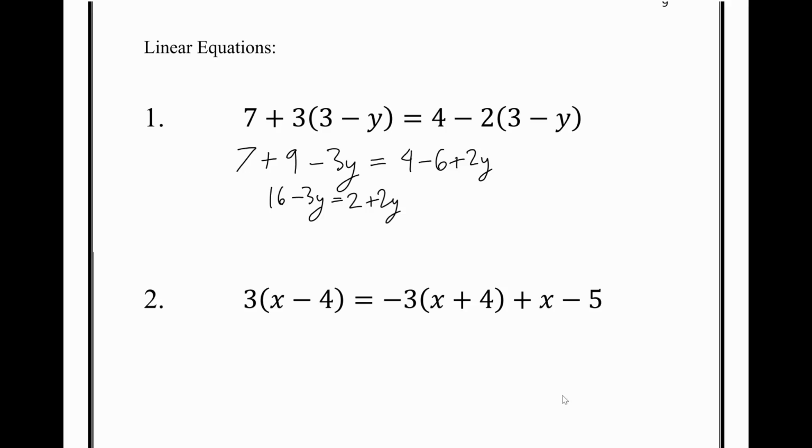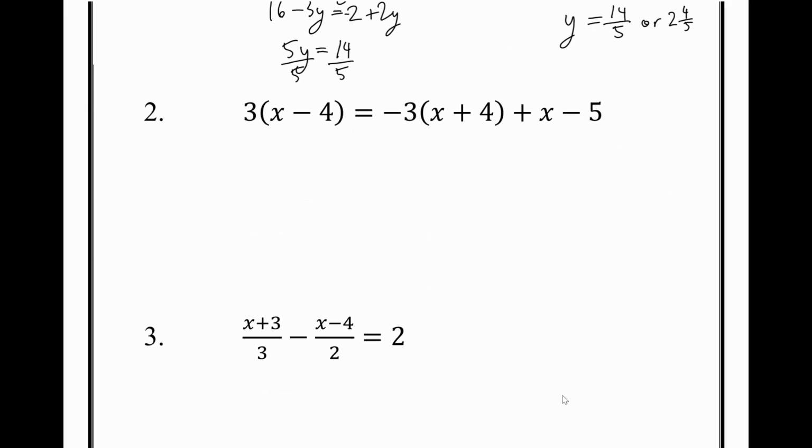Let's move everything to one side so that we get 5y, and then the constants to the other side is equal to plus 14. Divide everything by 5, and we get an answer of y is equal to 14 over 5, or 2 4/5.